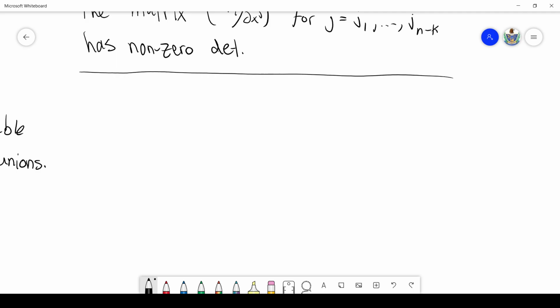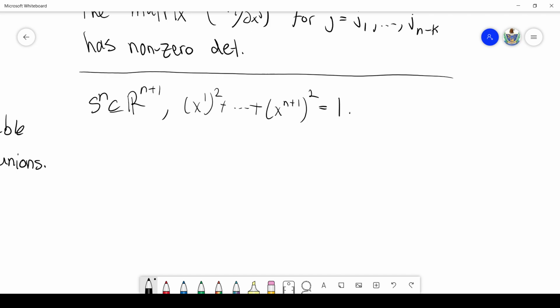The next important example, which you should all be familiar with, is that of the n-dimensional sphere. The n-dimensional sphere is defined by the equation in n+1 Euclidean space, such that the norm of this vector is equal to 1, right?